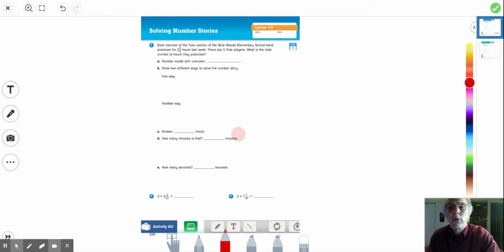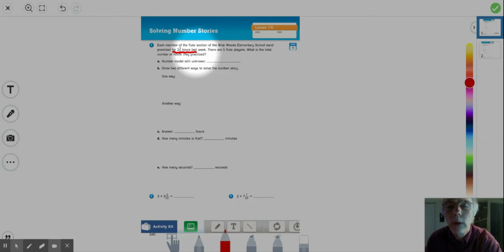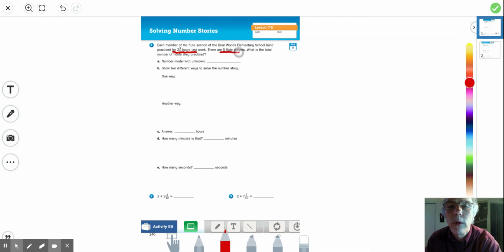So it's a member of the flute section. So they have all the players who play flute in one section. And they all practiced last week for 2 3/5 hours. And how many of them are there? Well, there are 5 of them. So 5 flute players. What's the total number of hours that they practiced? Okay, so that's what you're going to be working on with problem one.